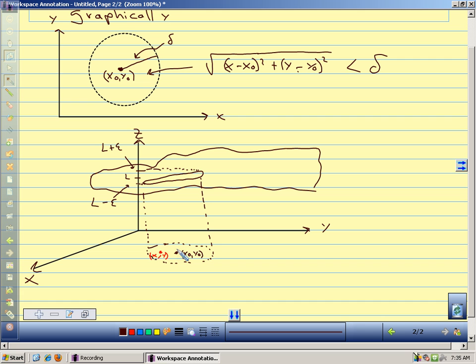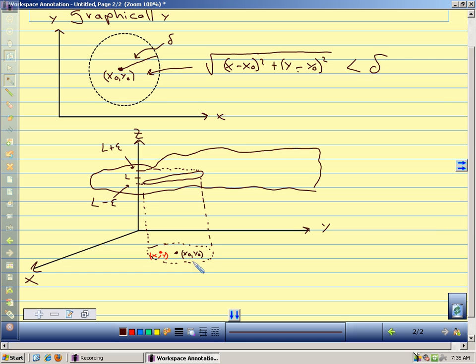Well, with a two-variable function, it doesn't really make sense to talk about a right and a left, right? Because we could approach from any direction. So for a multivariable function, our limit has to exist no matter what path we approach our value from. If we approach from two different paths and we get two different limits, it could be any two paths.